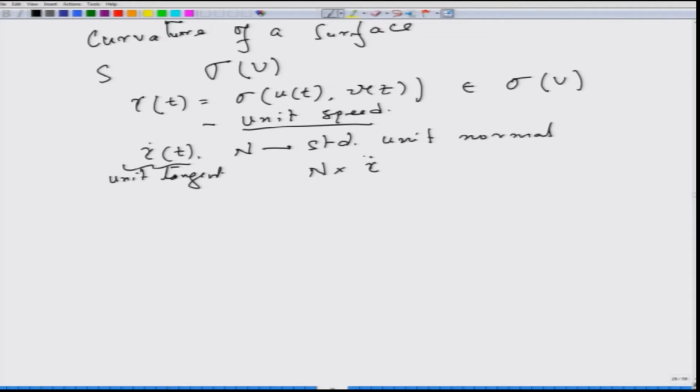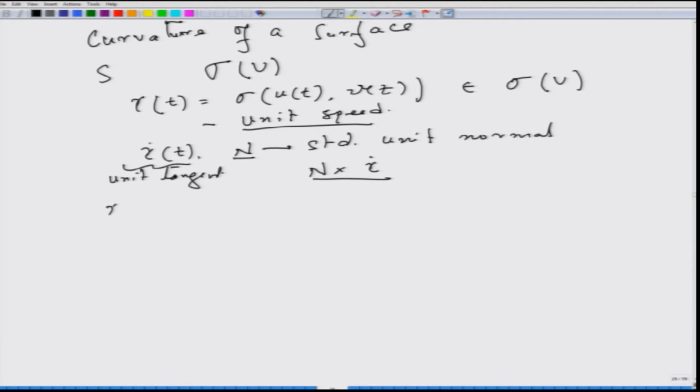These three unit vectors are perpendicular to each other, so they form a basis of R3, where the surface lives.